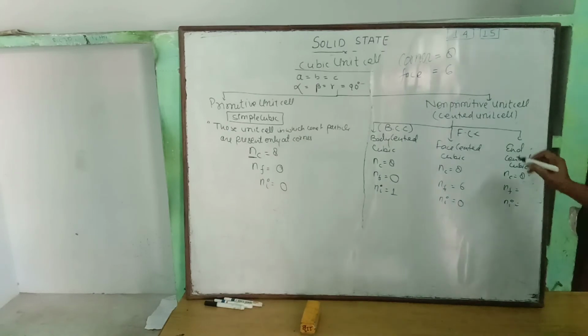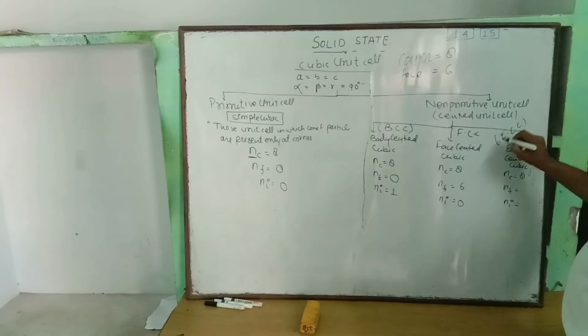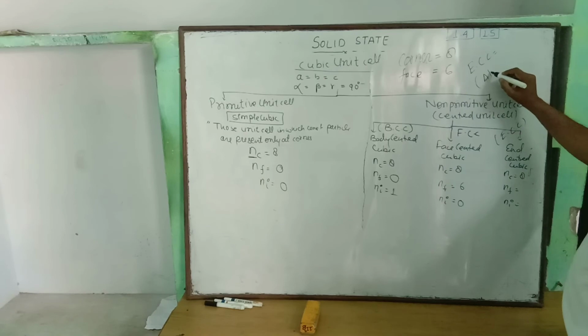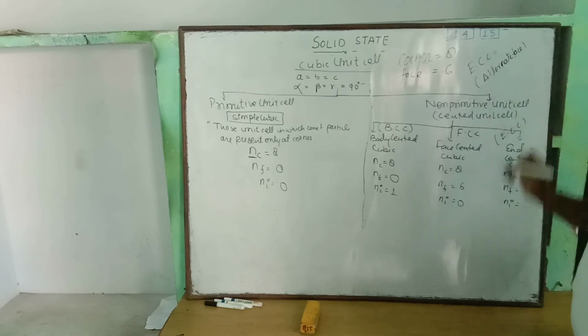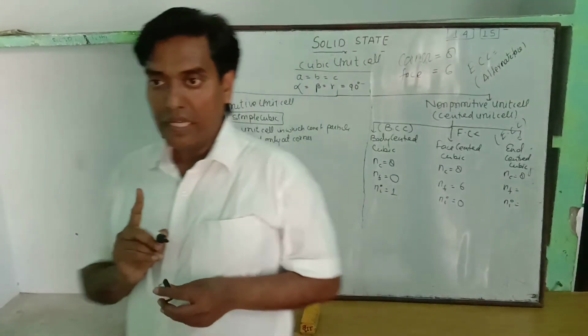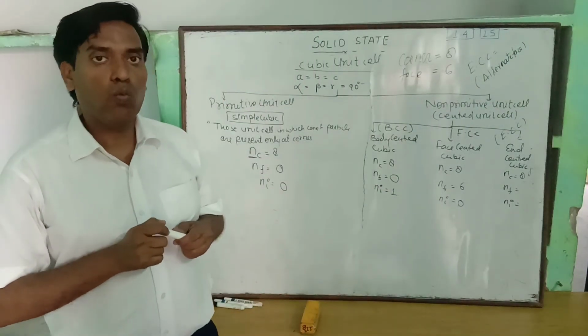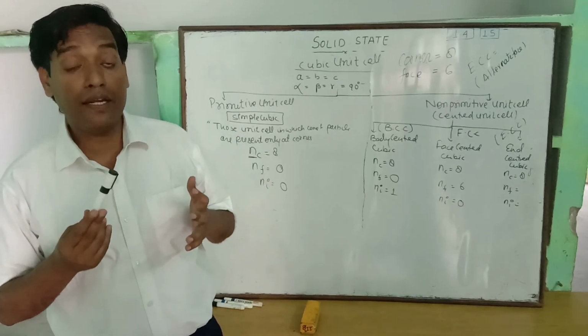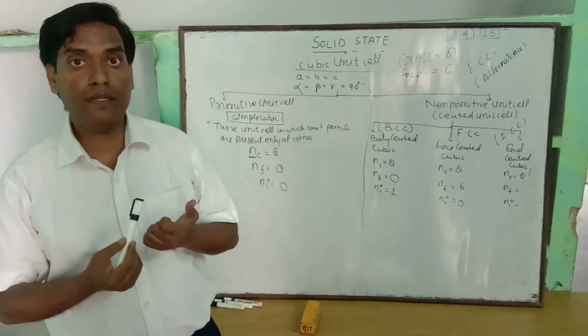Now I am going to discuss the end centered cubic. When we say end centered cubic, then you learn one thing, that is alternate faces. It means in the centered unit cell, one atom is present at corner and atoms are present at opposite faces.